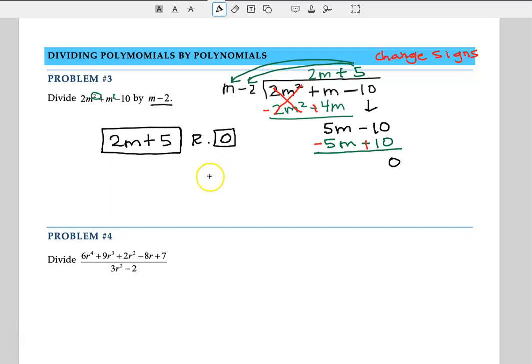It doesn't know that you are meaning it to be 0, so make sure you put that in. Sometimes some of the homework problems will have this, so make sure you do that.